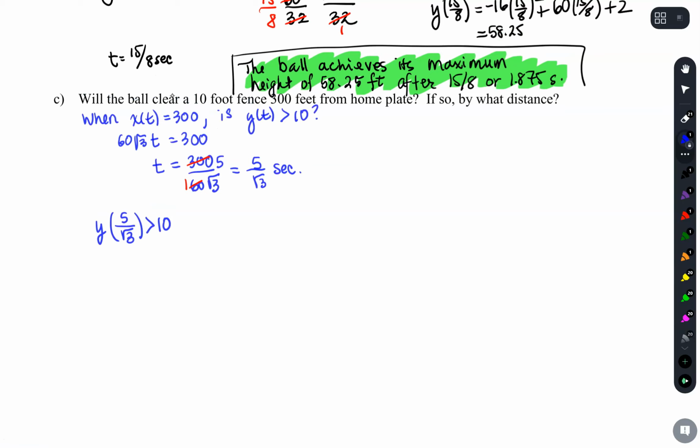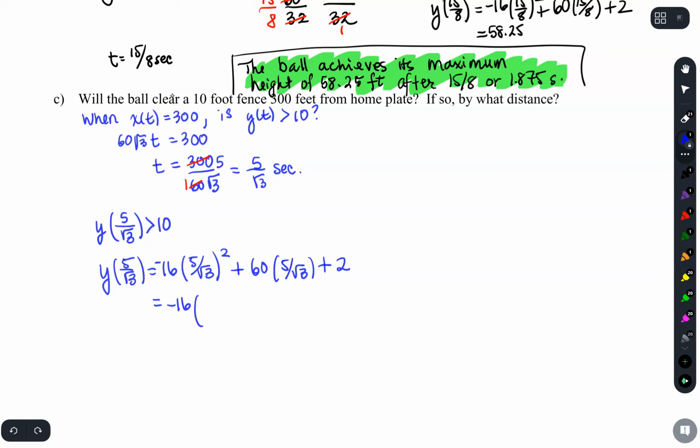So evaluating our function here, our y, at 5 over square root of 3, we get negative 16 times 5 over square root of 3 squared, plus 60 times 5 over square root of 3 plus 2. So that's negative 16 times 25 thirds plus 300 over square root of 3 plus 2.